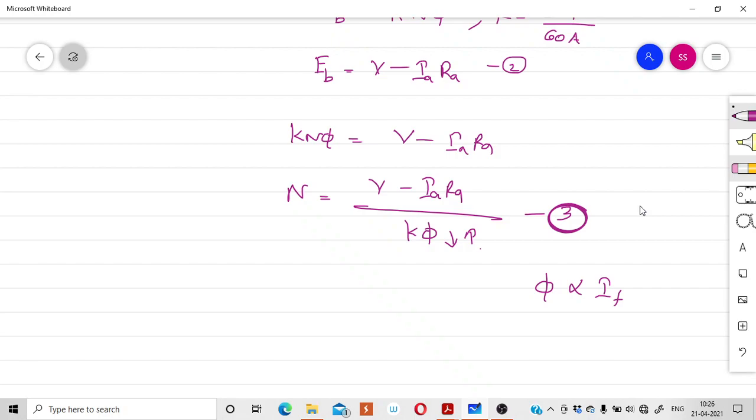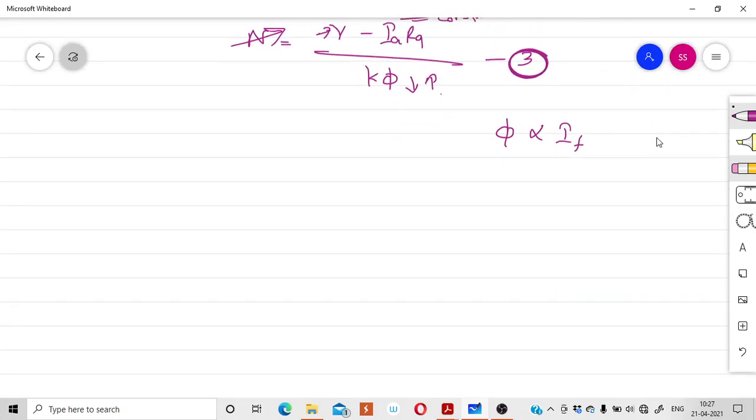And another method is you keep IA constant, the armature current constant, and vary V. If you vary V, then this numerator term will be varied, keeping phi constant, so that you can vary N. So these are the two methods.